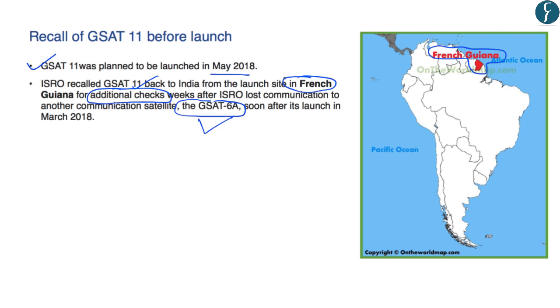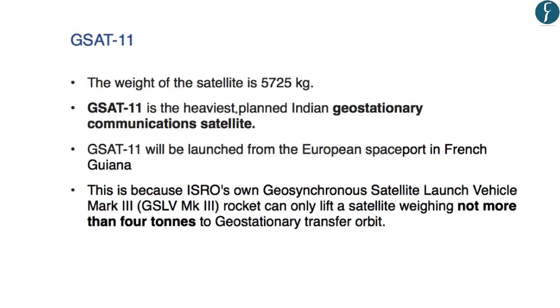Now we should remember the location of launch site from prelims point of view. So the French Guiana lies in the South American continent. Now some facts that are related to GSAT-11 are that the weight of GSAT-11 is 5,725 kg.